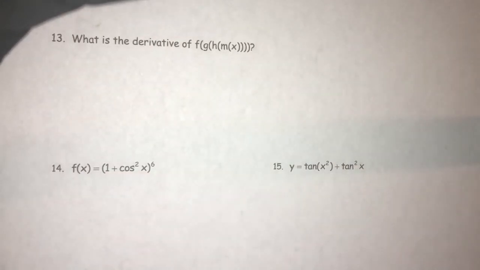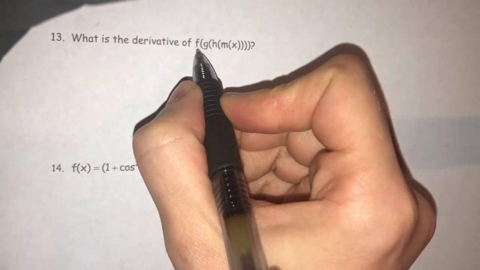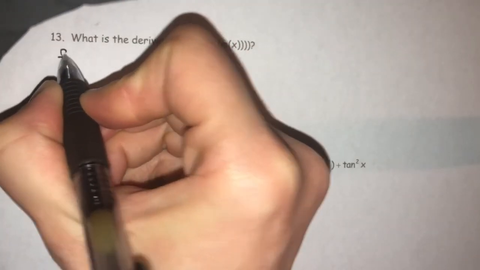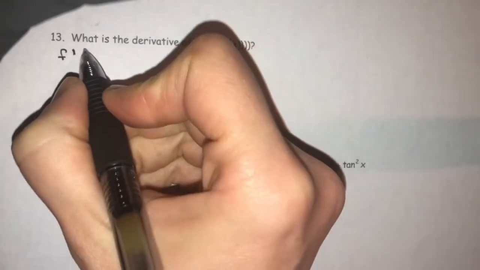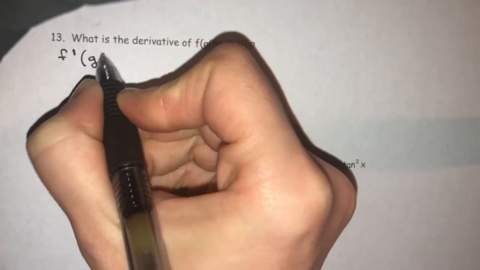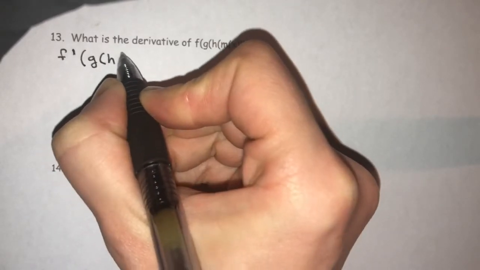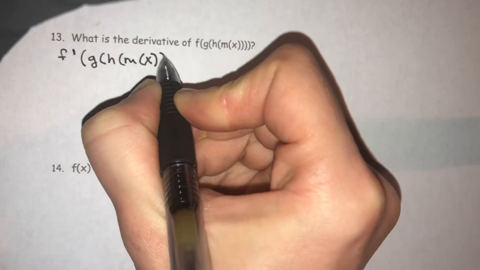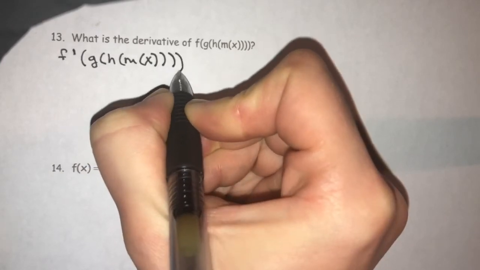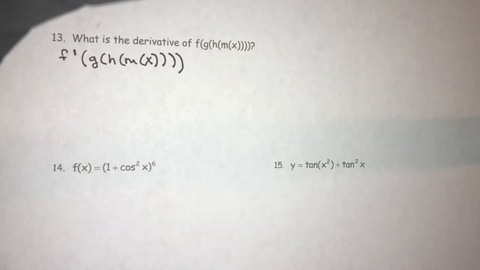And the way we're going to do it is start by taking the derivative of the outside function. F prime is the derivative of f. And then we're going to copy the inside function. One, two, three, four closing parentheses.